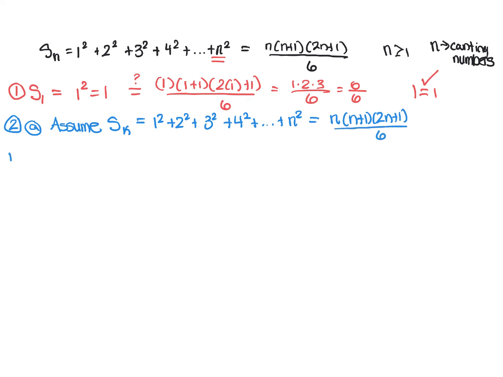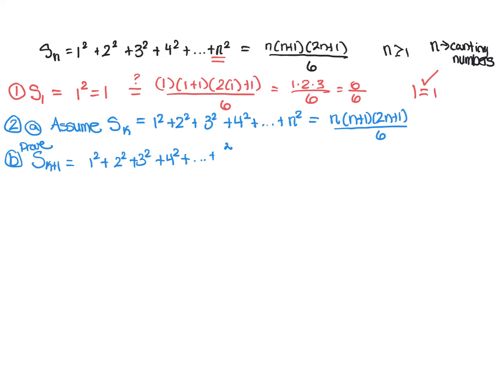And then B is we have to prove it for S sub k plus 1. So this should be 1 squared plus 2 squared plus 3 squared plus 4 squared plus ... plus n squared. Oops, not an n though.